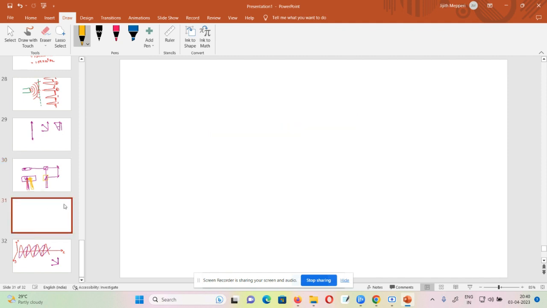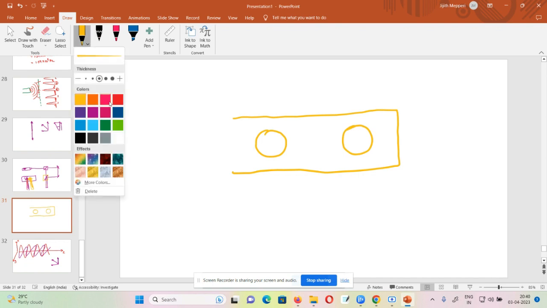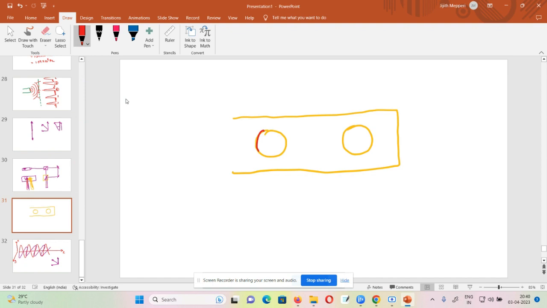This is actually one of my research works. There will be a very small microscopic area where I will have two beads. You may have heard about the optical tweezer. In the optical tweezer, there will be two polystyrene beads, micron sized beads, and two laser beams will be irradiating here.